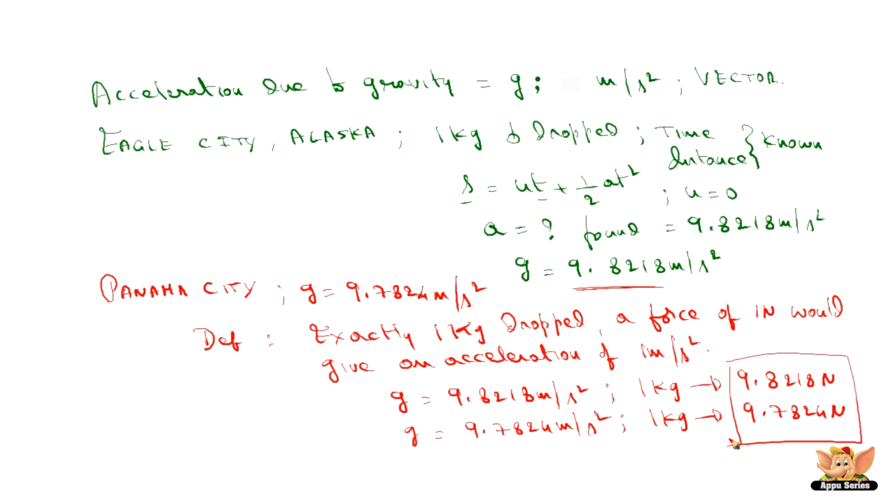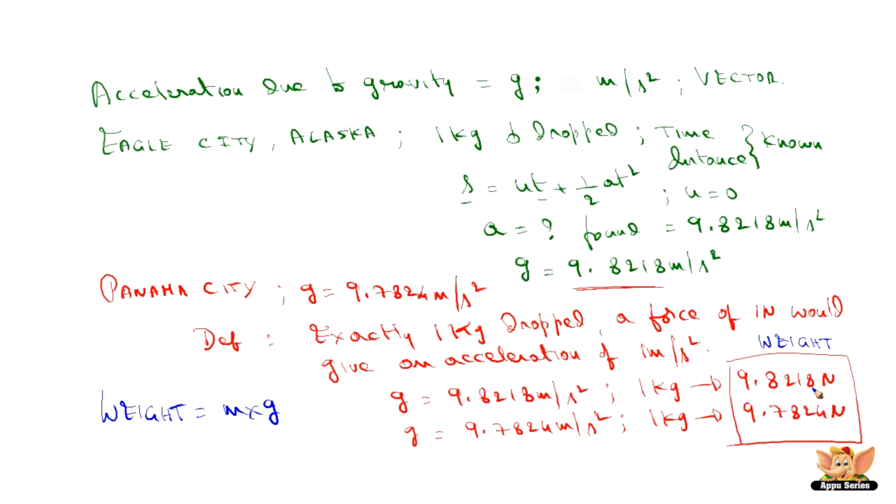Since weight is nothing but mass into acceleration due to gravity, and in this case mass is 1 kg, we get the weight of the object. The mass of the object is 1 kg whether it is in Eagle City or in Panama City, whereas the weight changed because the acceleration due to gravity changed in different places.